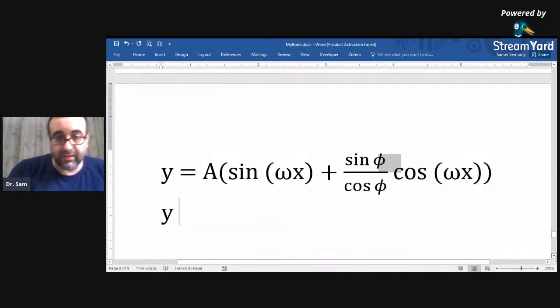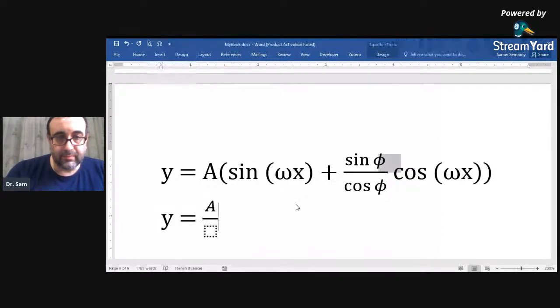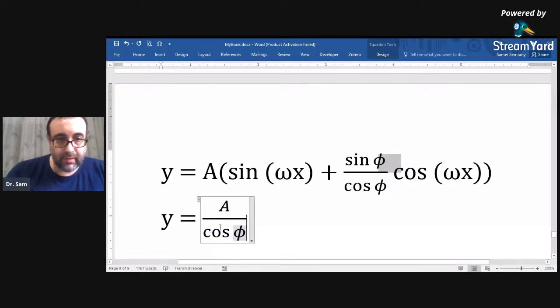So I divide here A over cosine phi, and here in the factor I have sine omega x, but I multiply it by cosine phi.